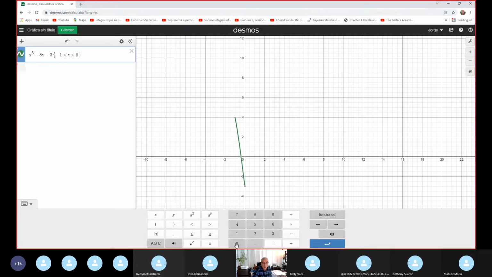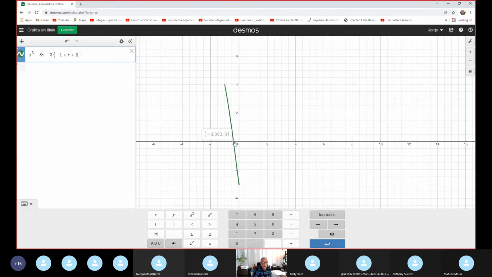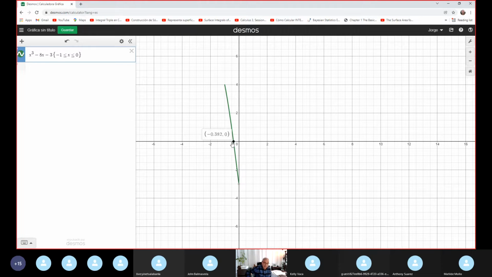And you see one piece of the polynomial. It's obvious that the zero is this point, and the answer is negative 0.382. It is option C in our problem. Do you see?